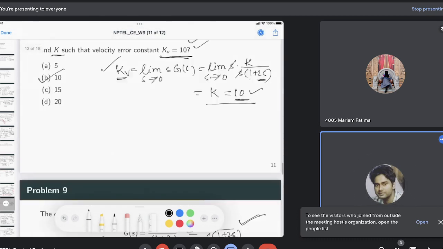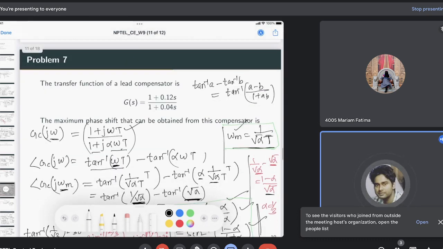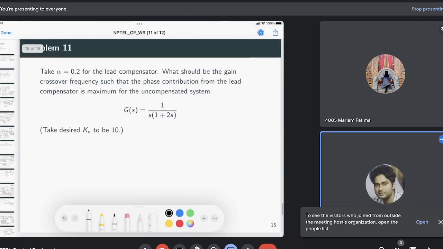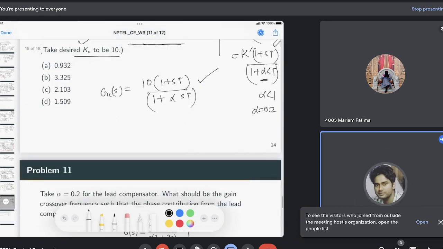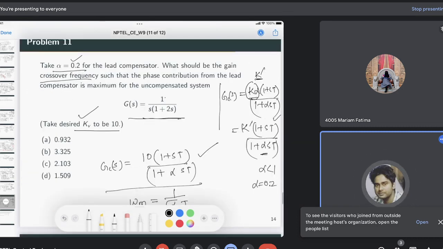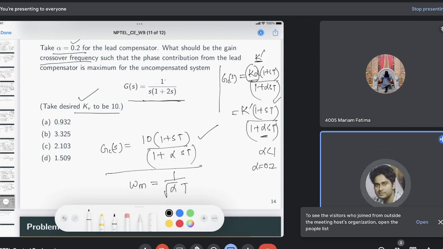This is the formula, 1 by square root of alpha T, which gives the frequency at which the maximum phase shift is given by the compensator. So for this lead compensator, the frequency at which the maximum phase shift will occur is 1 by square root of alpha T. We want that maximum phase shift to occur at the gain crossover frequency.